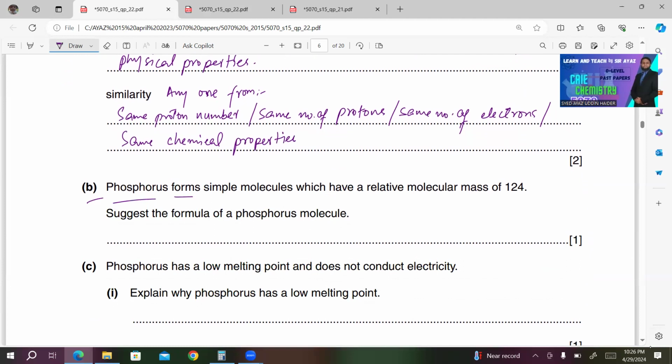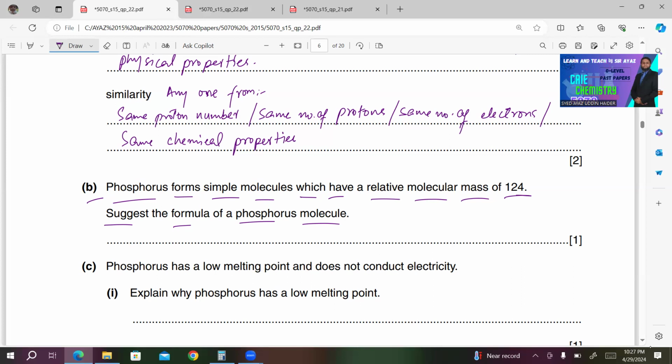B. Phosphorus forms simple molecules which have a relative molecular mass of 124. Suggest the formula of a phosphorus molecule. So the Mr of a simple molecule of phosphorus is given. We don't know how many atoms are in this molecule with the molecular mass of 124.